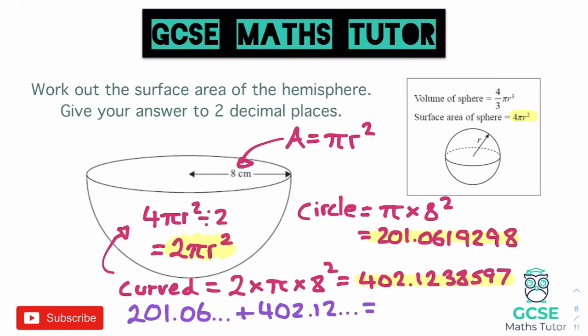So I've got the 402 already on my calculator, so I'm just going to add the 201.06192998, and I get a final answer there of 603.1857895.